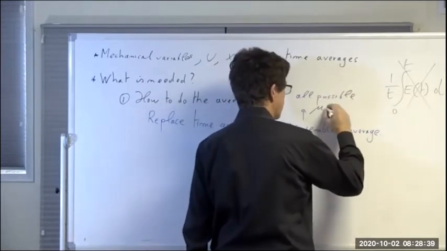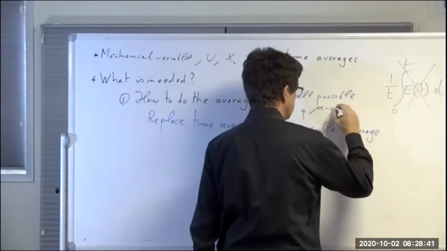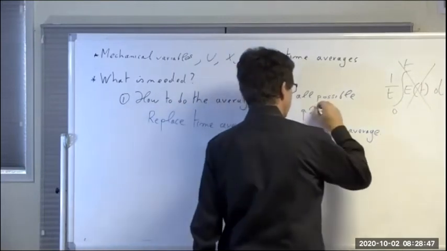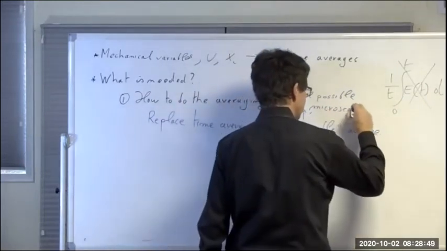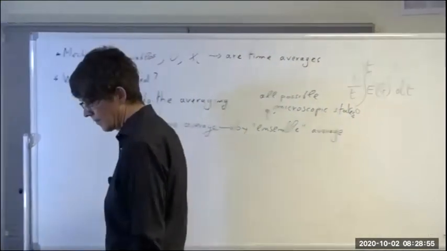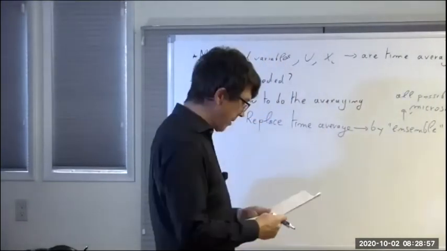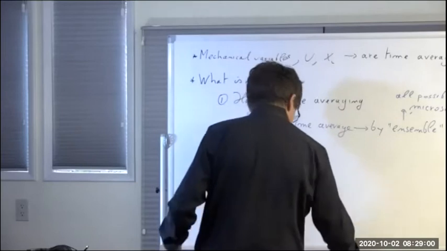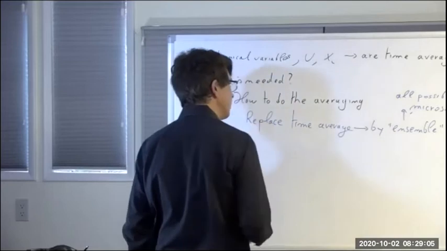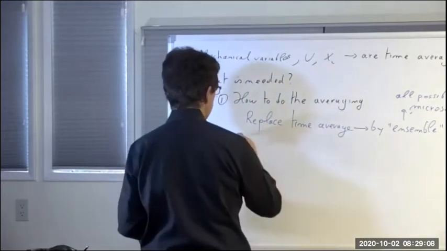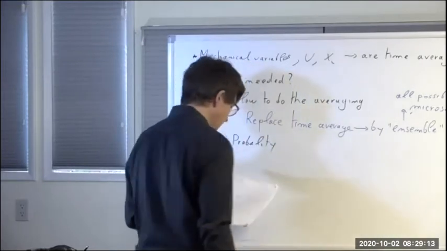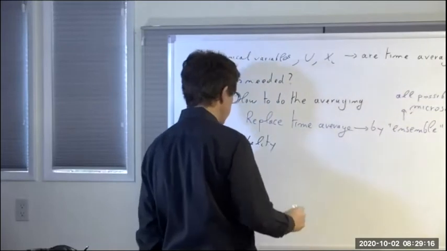So I write microscopic with a mu. No, I don't, because I can't spell. Microscopic. The second thing, though, that we need, if we want to do that averaging, and we do not do it as a time average, we do it as an ensemble average, we need the probability that a system spends in each microscopic state.